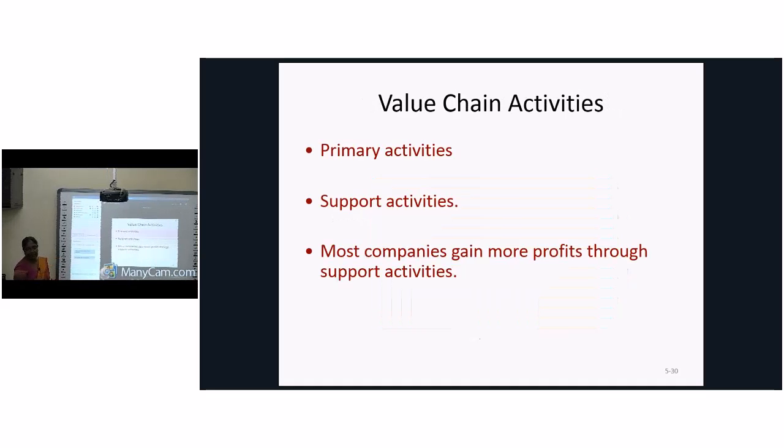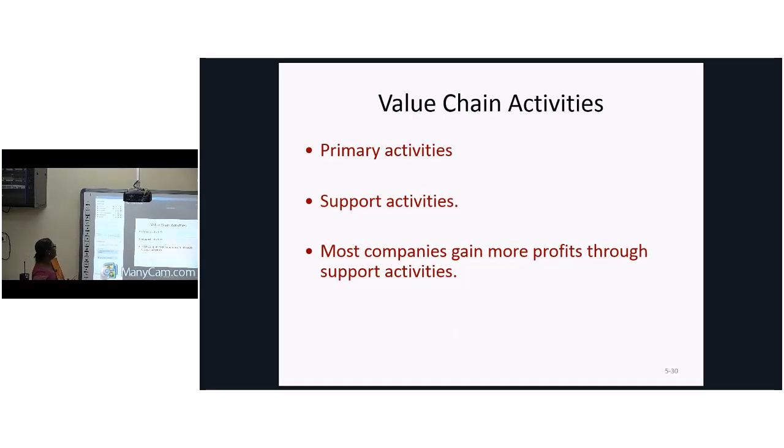So the value chain activities, as I described: primary activities are there, then supporting activities are there, and most companies gain more profit through supportive activities. That is another important thing.